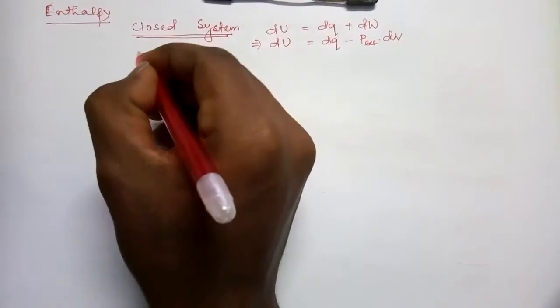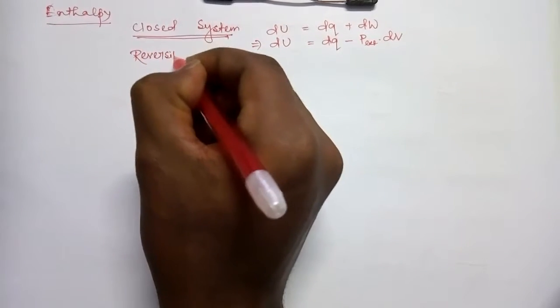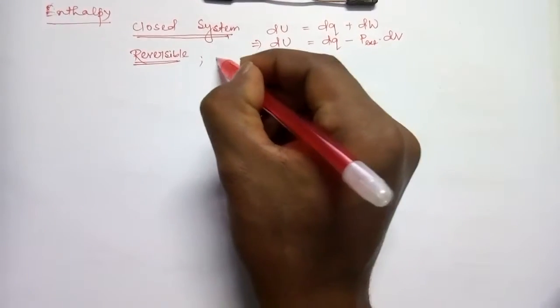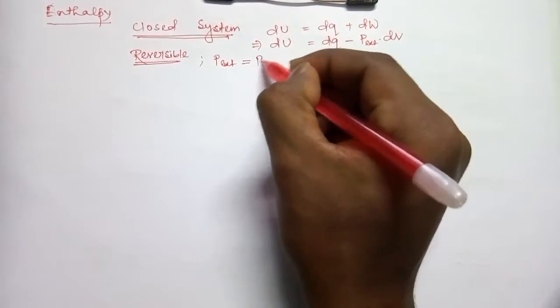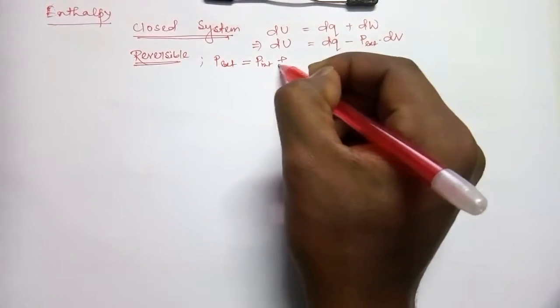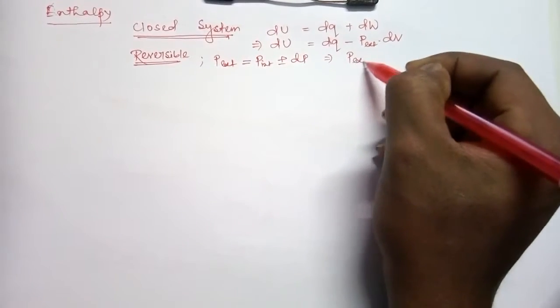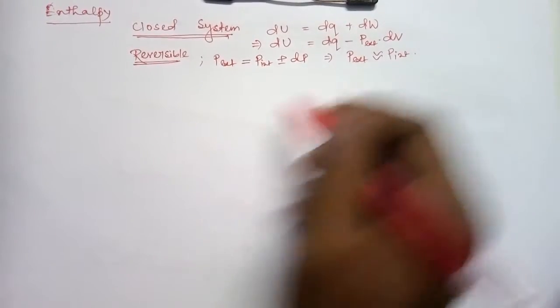If there is a reversible change, then P external equals P internal plus or minus dP, or we can say that P external is nearly equal to P internal.